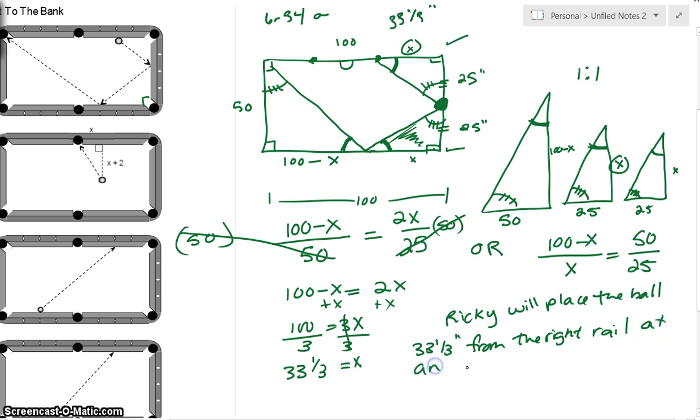At an angle of... Well, we're looking for this angle right here. So if I know this is 33 and 1/3, I can use a trig ratio. Inverse tangent of 25 over 33 and 1/3.